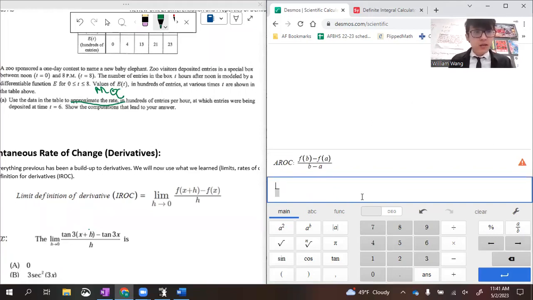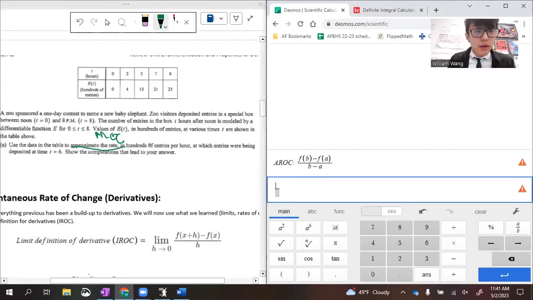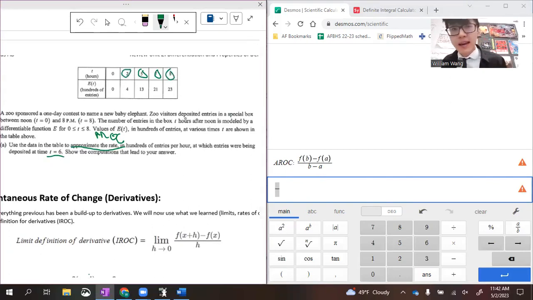All right, in this case, I want to estimate at t equals 6, which means when they ask you to estimate at 6, you're going to choose the numbers close to 6. So I'm going to use 5 and 7 to estimate it. That would be my best estimate, right? I could use 2 and 8, but those are less accurate because they're further away from 6, right? So I want to use 5 and 7 to estimate the rate of change at 6.